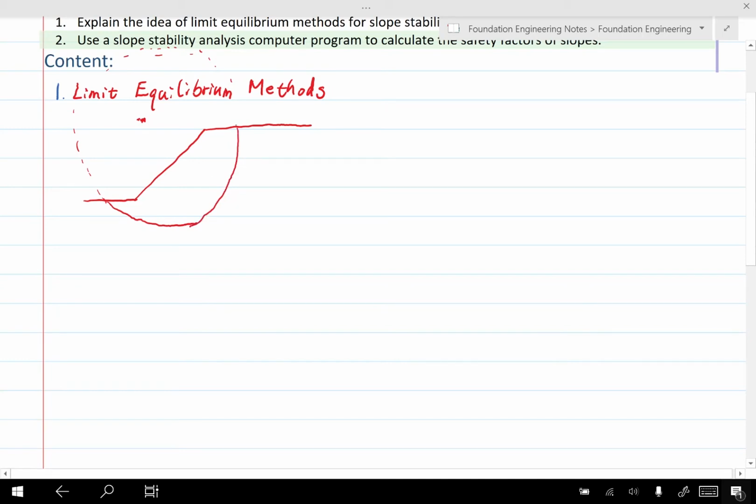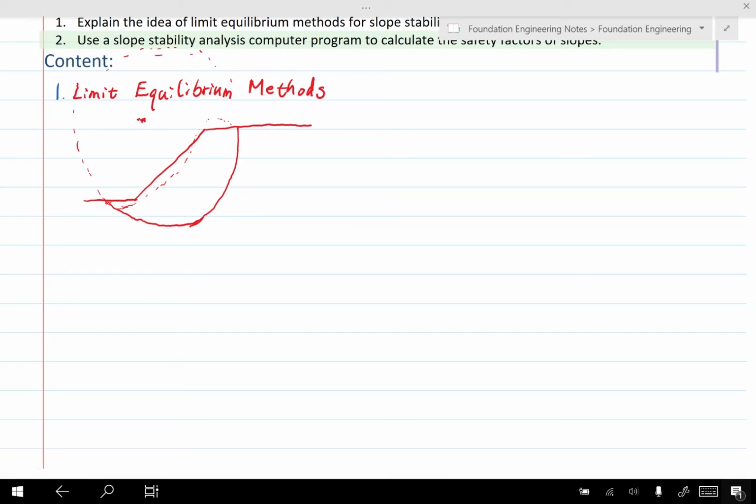As mentioned, if a landslide occurs, we will have the slope, something like this. For the limit equilibrium methods, we assume that the soil body above the slip surface, that's this part, will move along the slip surface. And we assume that on the slip surface, all the material points will reach the critical state.